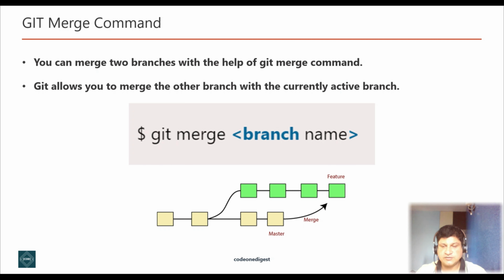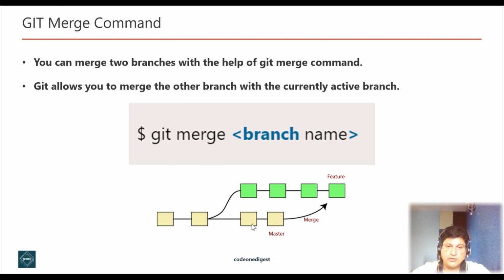So the command is git merge and the branch name. It always merges that branch into your local active branch, whatever branch you're working on.